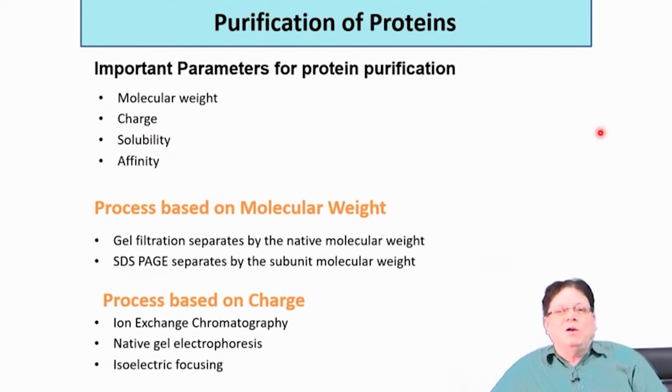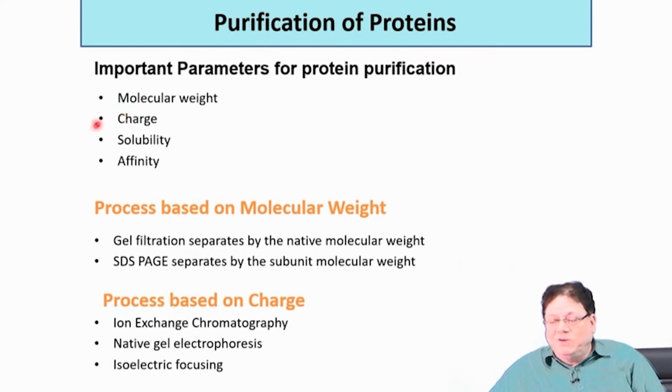One is the molecular weight. Some proteins are small, some proteins are big. When we talk about purification, we have to separate the proteins. Purification can be based on molecular weight, if the proteins differ in size, or there could be a charge difference, because we know that proteins have different side chains that are charged.